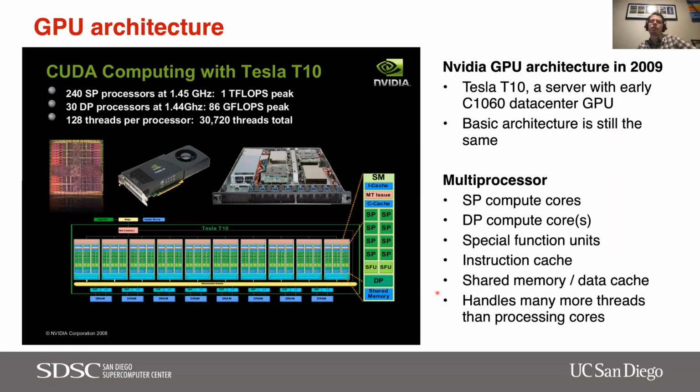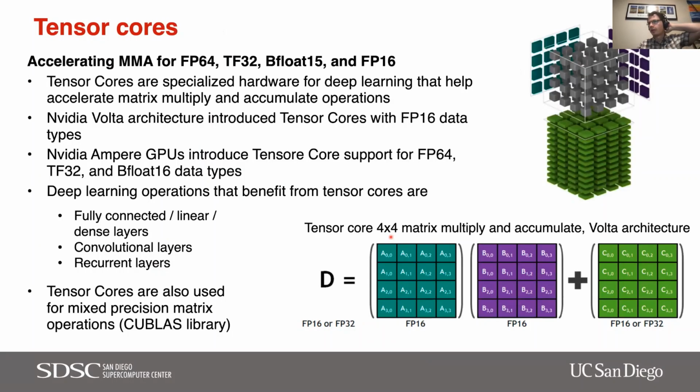And so when you launch CUDA kernels, those are the functions that do computation on the GPU, you want to launch them with many more threads than you have actual compute cores available. The GPU architecture handles that automatically, scheduling them at the right point in time. And that helps mitigate memory bandwidth issues because while data is being requested, some other threads that you have launched may have the data already and can do some compute while the other threads are waiting. And that hasn't changed. So this is all still the same.